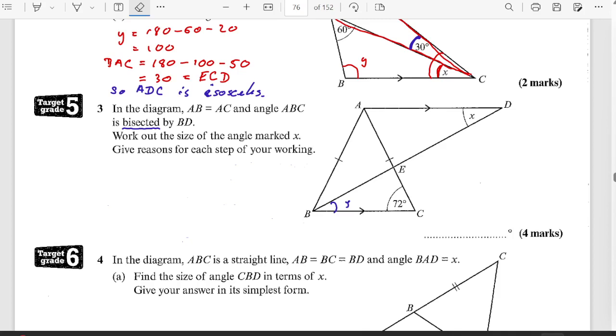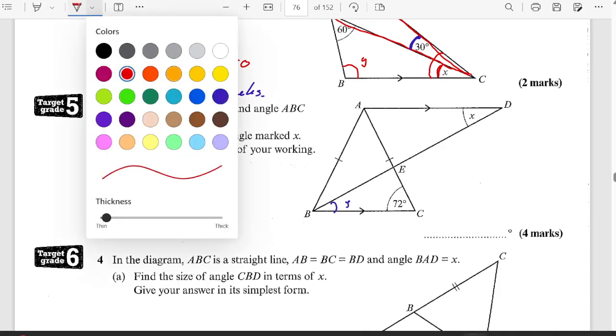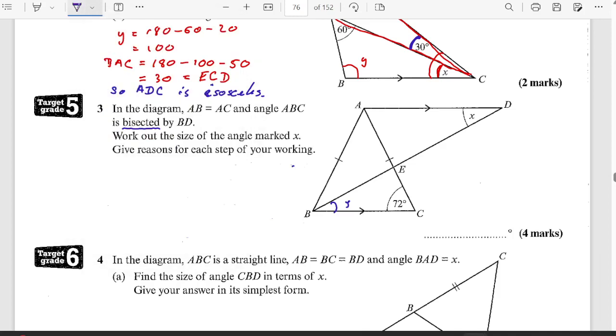So X and Z are going to be equal because they're alternate angles. And the other thing we're going to use is the fact that this is a bisect, so that means split in half exactly. So I'm going to say that 2y is going to be equal to 72.